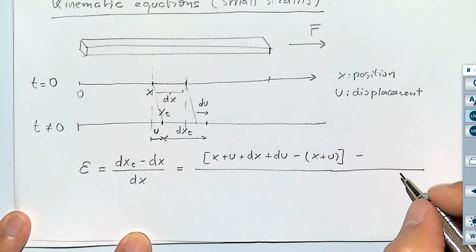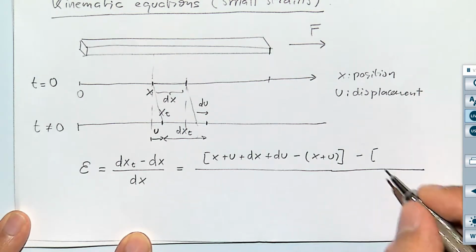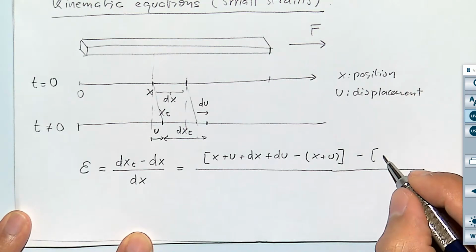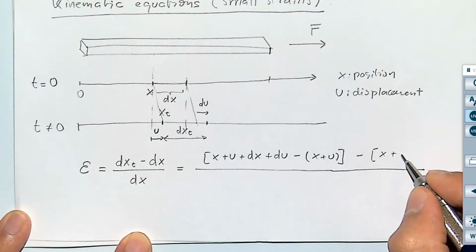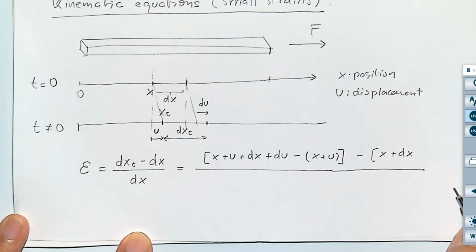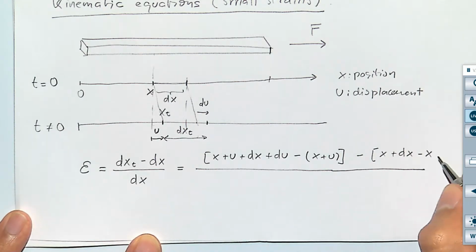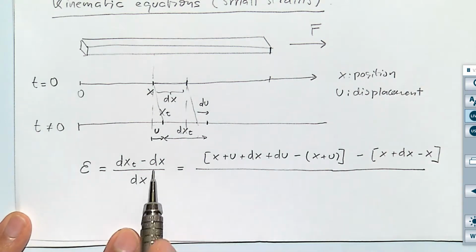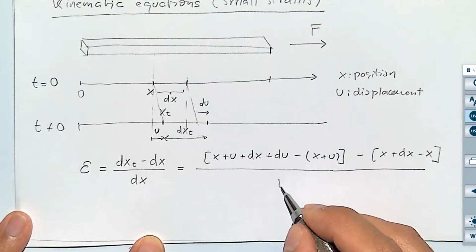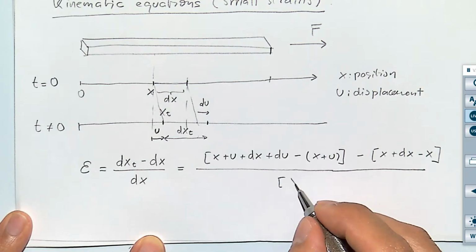The initial length is a lot easier. It's just x plus dx minus x, that's dx, and we can already see that, but let's write it anyway, that's just dx.